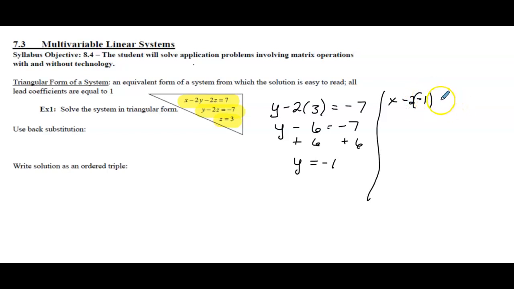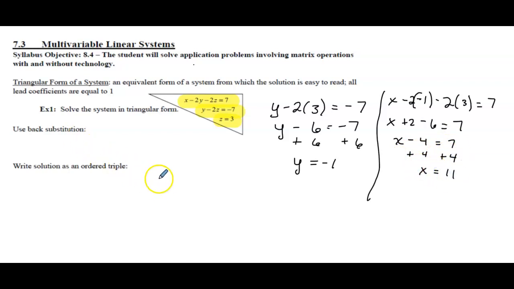So we're going to put in the -1, subtract 2, and we're going to put in the z, which is a 3, and that's equal to 7. So now we have x plus 2 subtract 6 equals 7. X subtract 4 equals 7. Add the 4, and x is going to equal 11.